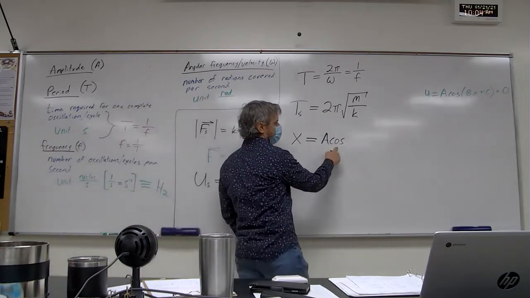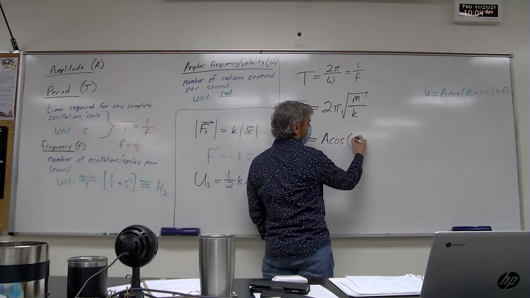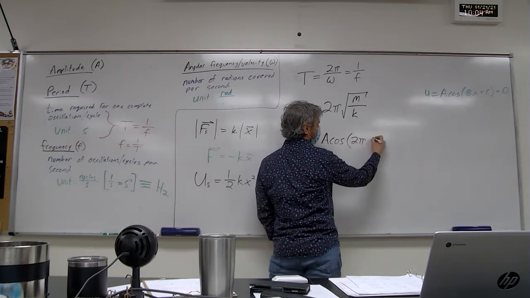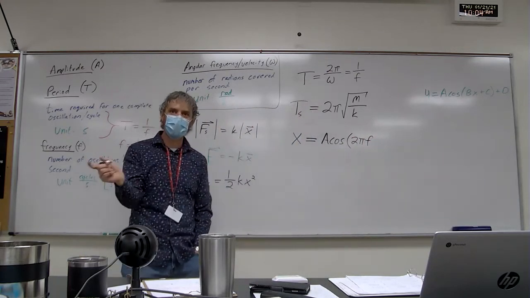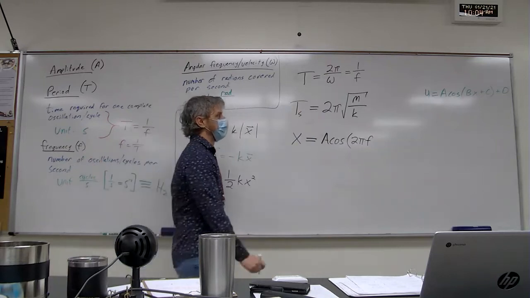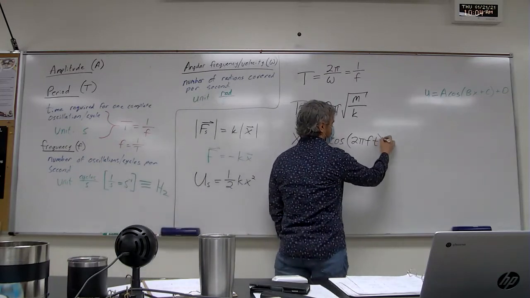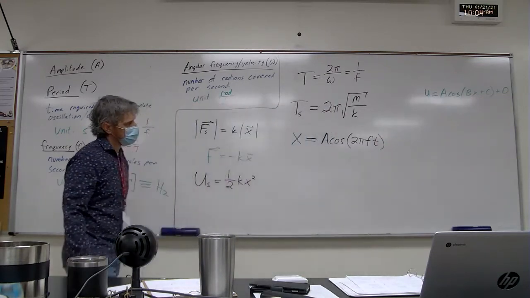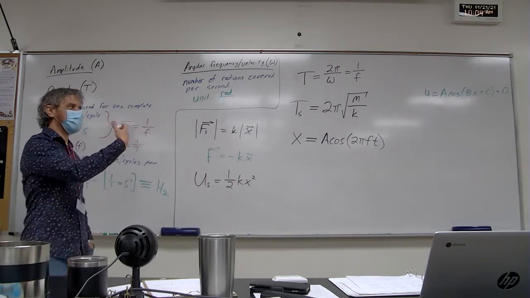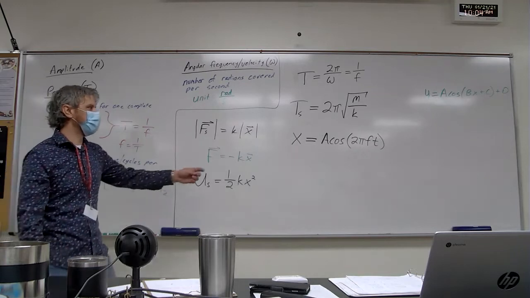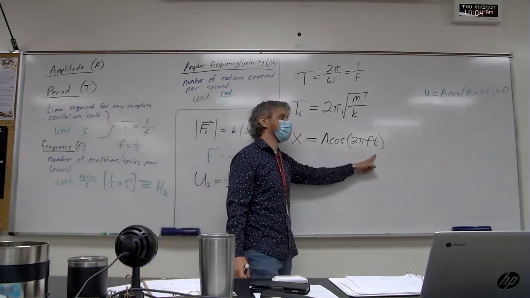So it's A times the cosine of 2 pi times the frequency, not the angular frequency but the actual number of oscillations per second, times the time. If you do it this way, you're going to want to be in degree mode.